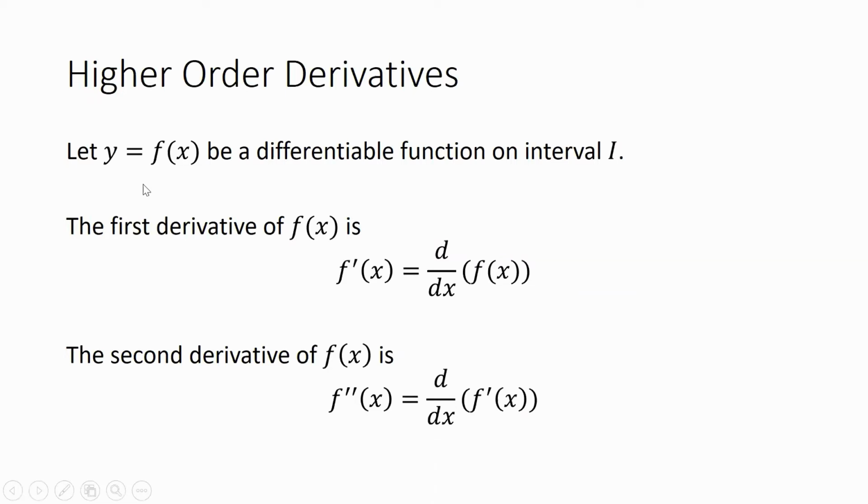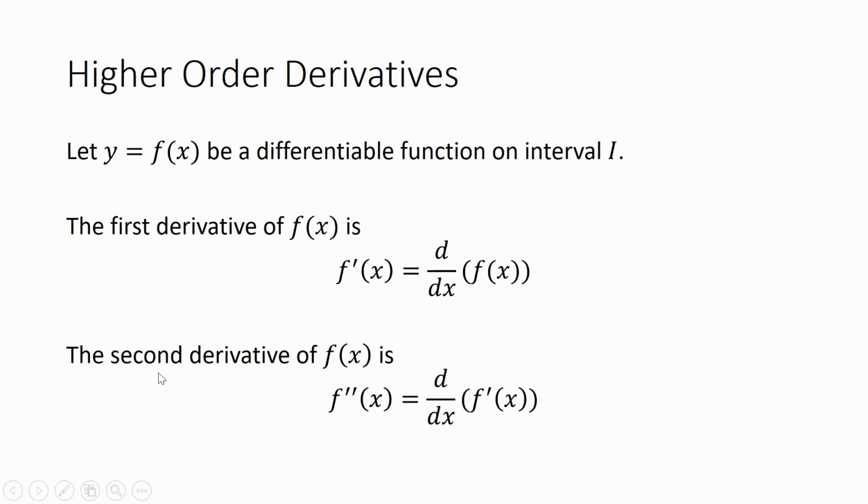Now, the notation we're going to be using, since we used f prime for the first time we took a derivative, we're going to use f prime prime or f double prime when we take a derivative of a derivative. The first time we take a derivative, that's called the first derivative of f of x.